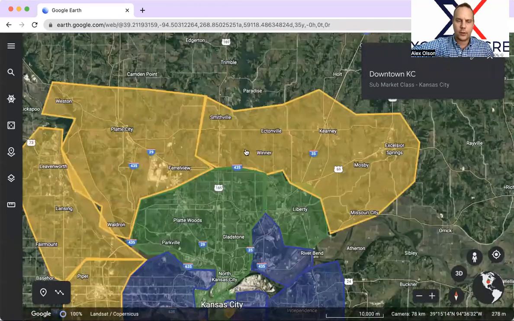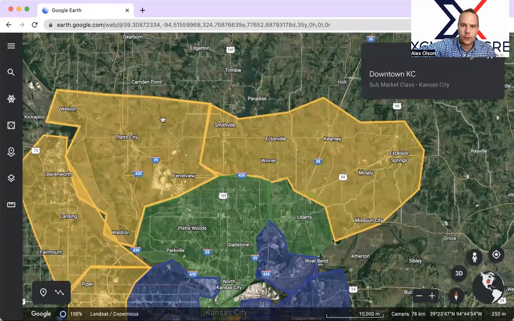Moving further north, getting into the further reaches of the metro, this would be B submarket. You've got the airport, Platte City, Weston if you're driving down I-29, Kearney and Excelsior Springs. This is all B, mostly because the towns are relatively small and not driven by large economic development.